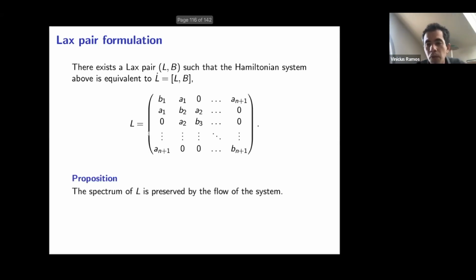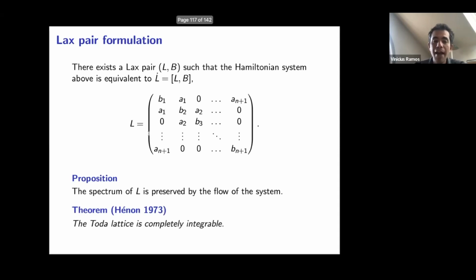Okay, so one simple observation from the Lax pair is that if you have such a pair, then the spectrum of L is going to be preserved by the flow of the system. This is a very simple calculation, basic spectral theory. And in fact, Henon proved in 1973 that the Toda Lattice is completely integrable.